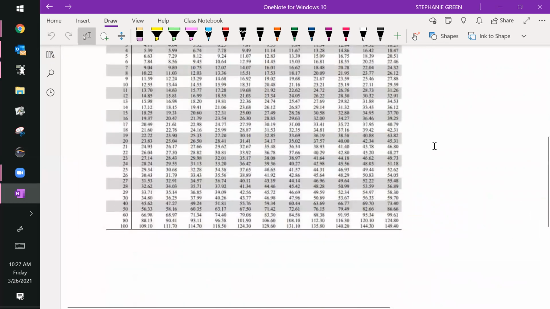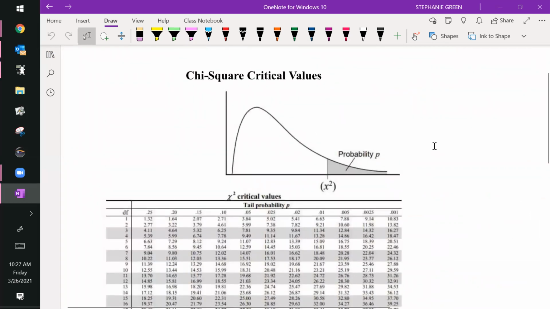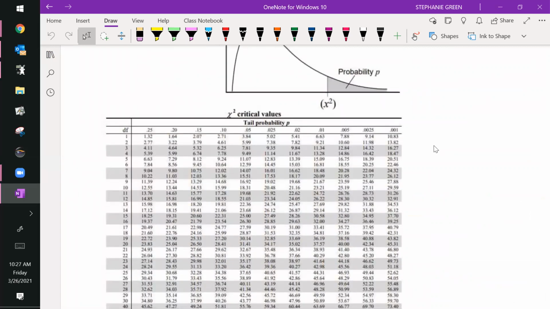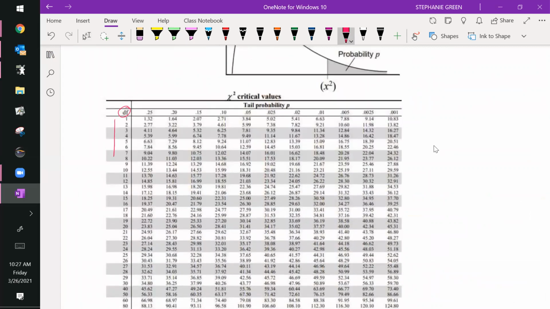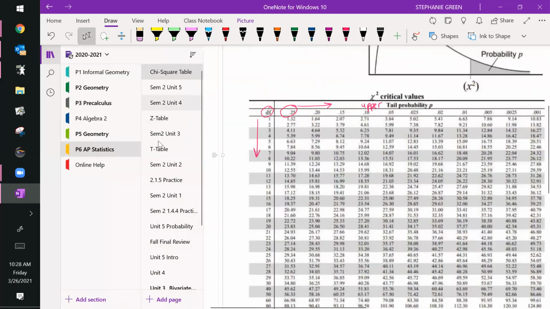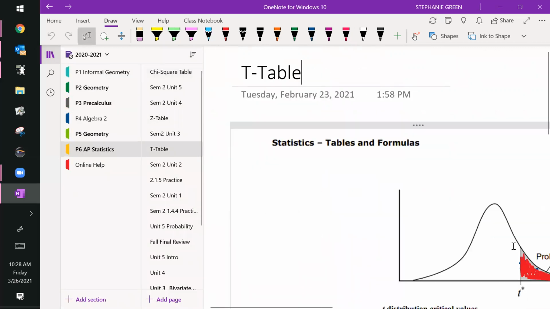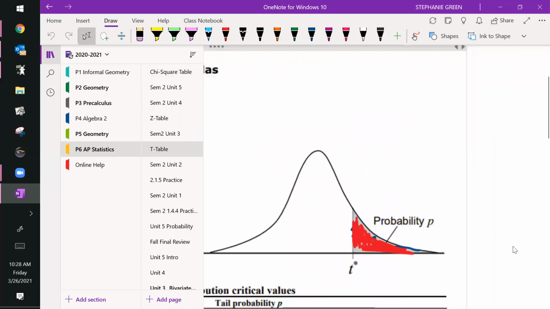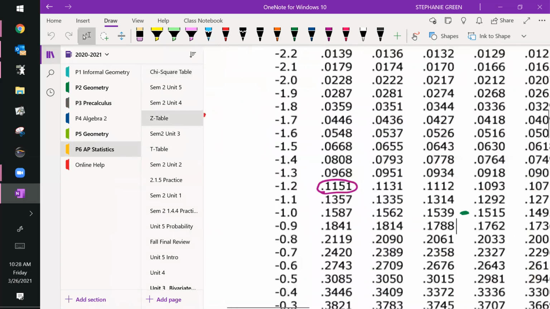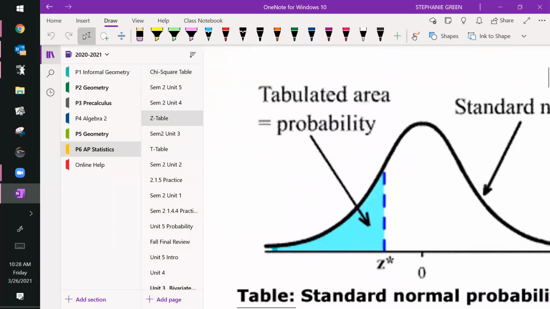Okay, so this table works very, very similarly to the T table. Just like the T table, on the left-hand side, we have our degrees of freedom. And on the top, we have our upper tail probability. So both the chi-square distribution and the T distribution give you the upper tail probability, whereas the Z table gives you the lower tail probability.